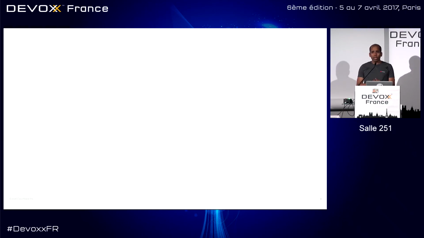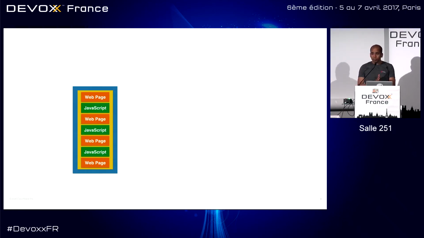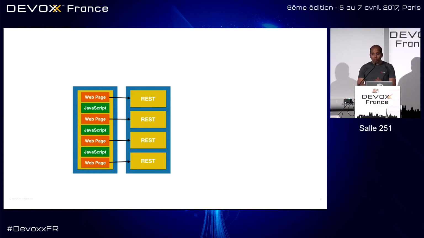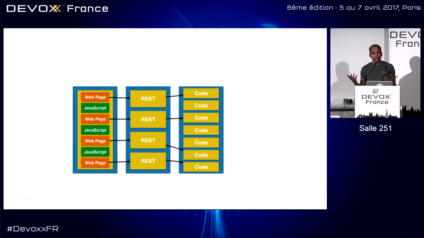At a very high level, this is what my microservice architecture is going to look like. It's a bunch of web pages with some JavaScript, which are invoking a bunch of REST APIs. Those REST APIs need to be authenticated and authorized, and they eventually invoke some code at the back end.